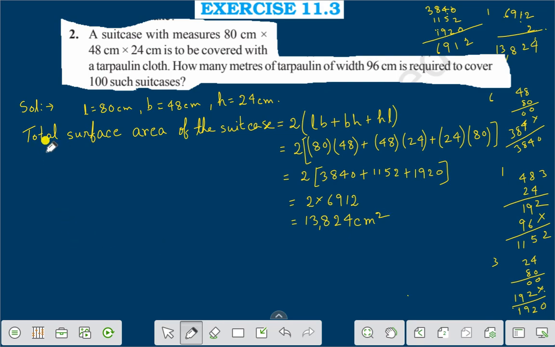Therefore, the surface area of one suitcase is 13,824 centimeter square. Therefore, the total surface area of 100 suitcases is equal to 13,824 into 100 centimeter square.